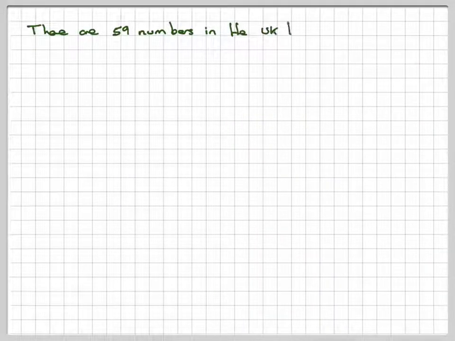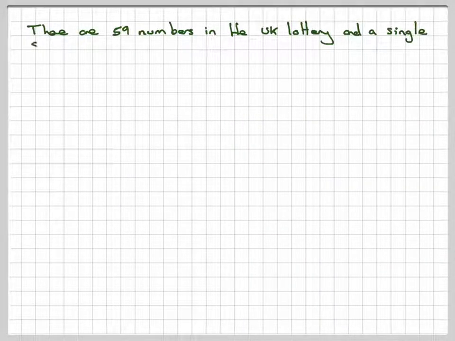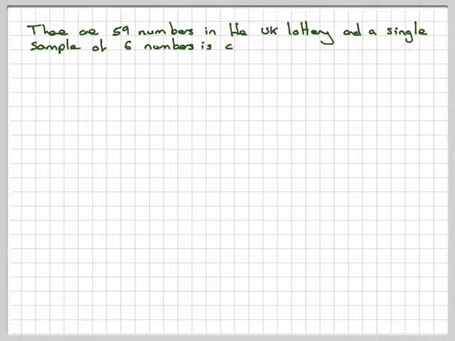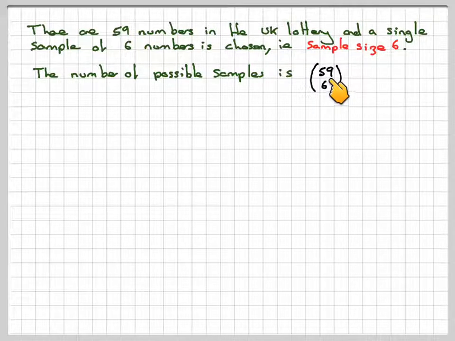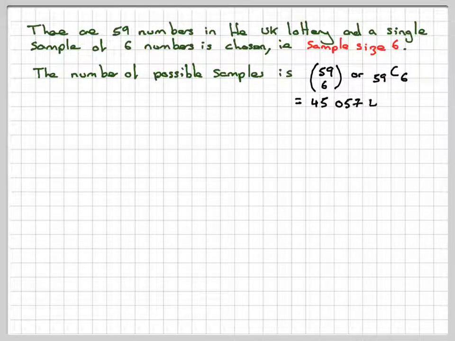There are 59 numbers in the UK lottery, and a single sample of 6 numbers is chosen, i.e. sample size 6. The number of possible samples is 59C6, and that's going to be 45,057,474.